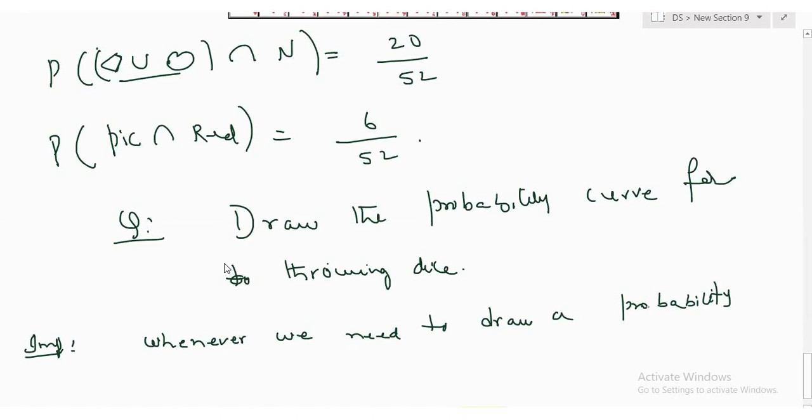I'm building the basics which are required to understand the advanced things. Whenever we need to draw a probability curve, or strictly speaking, a probability distribution curve, we need two things.